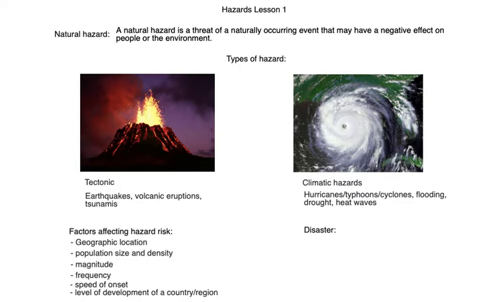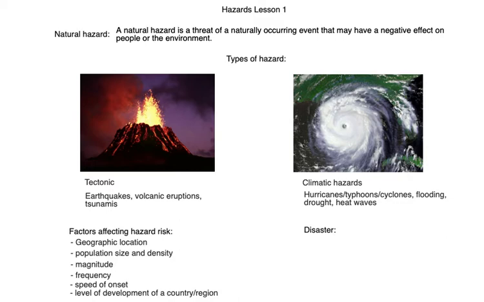The more developed or the wealthier a country or region is, the lower the hazard risk, because more money can be spent on trying to reduce the risk through things like earthquake-resistant buildings, for example, or spending money on really good education to educate people and raise awareness of what to do in the event of a hazard to minimize risk, or having good planning in place, like earthquake drills and good emergency response and so on. So the more developed a country or region, the lower the risk generally.